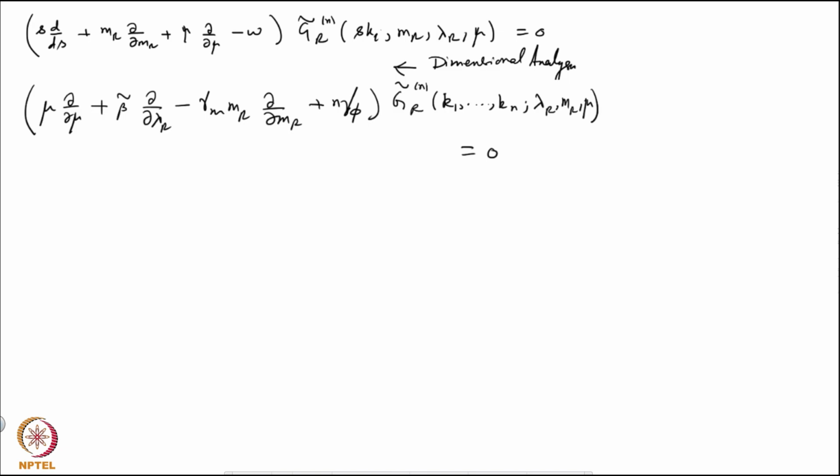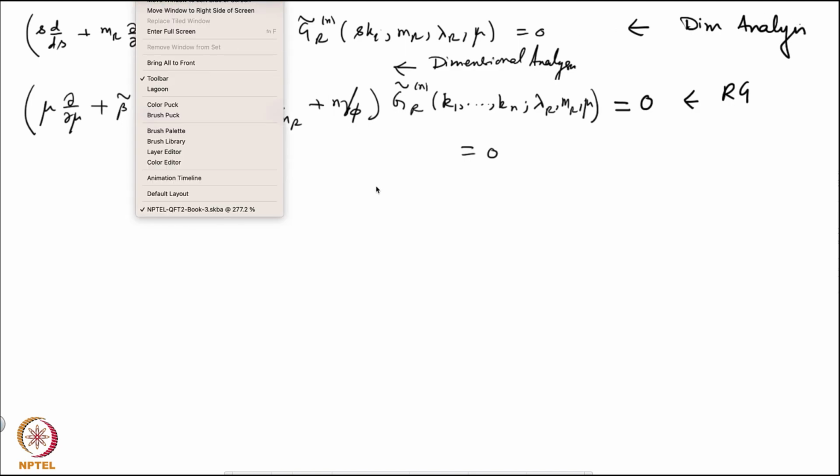Okay, so this is equal to 0 from RG. Okay, and this is from dimension analysis. Okay, I just want to clean up a bit.